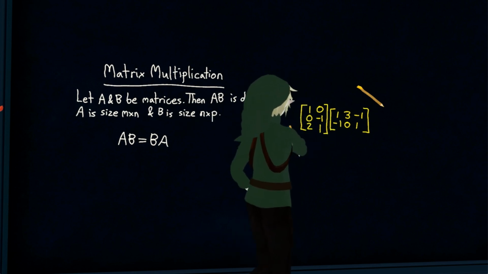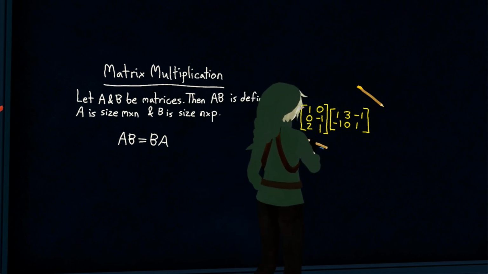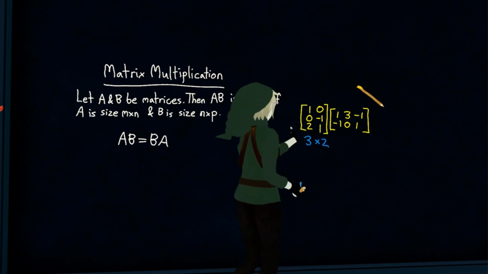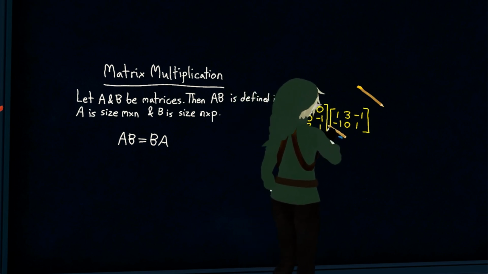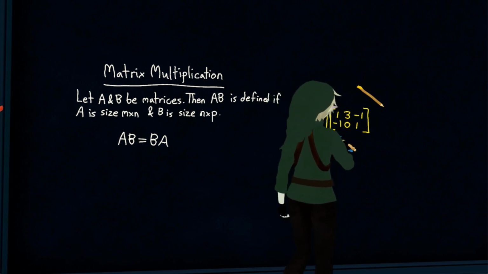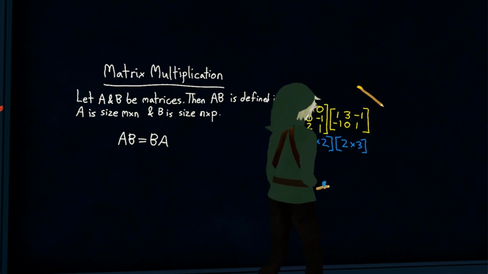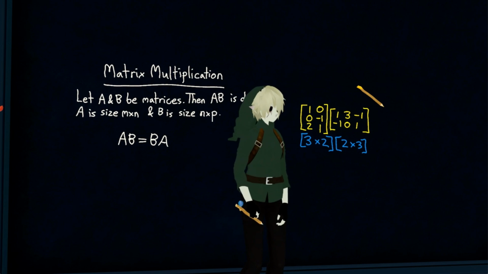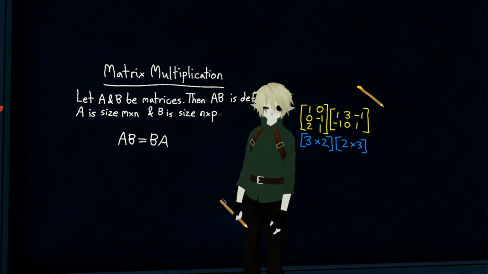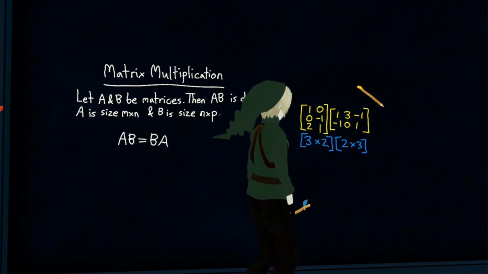So here we have a 3x2, and in this matrix we have a 2x3. Okay. Can we multiply them? Yes, we can.